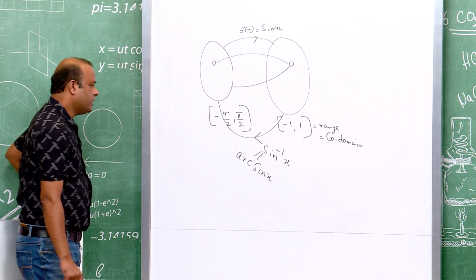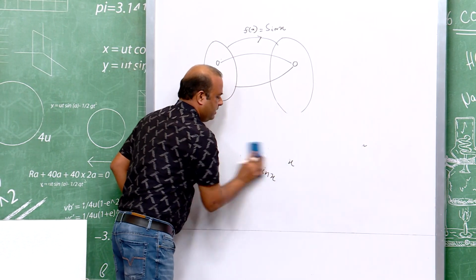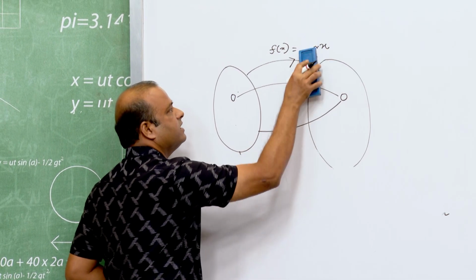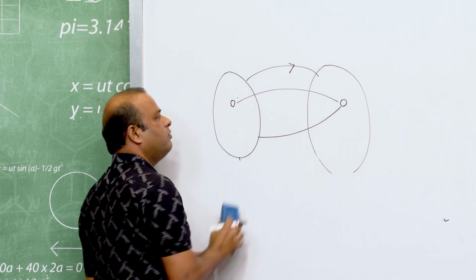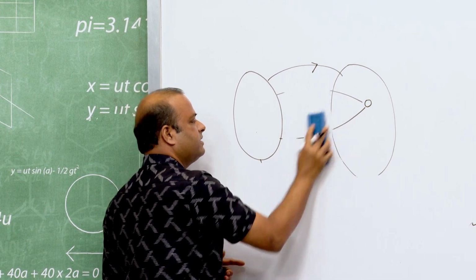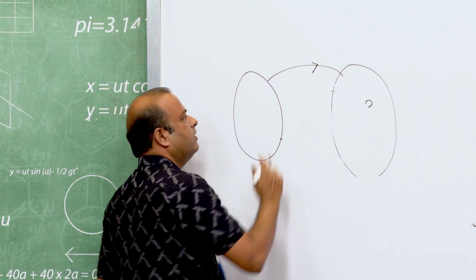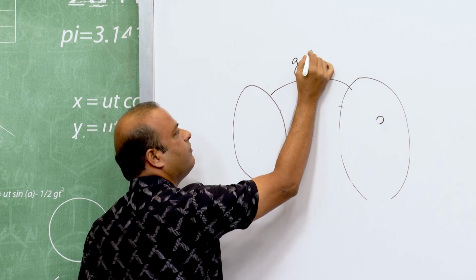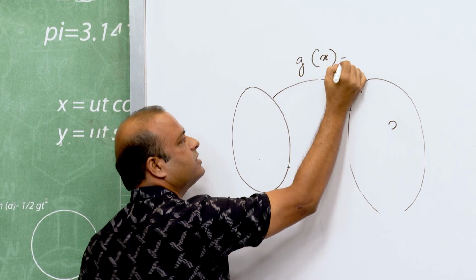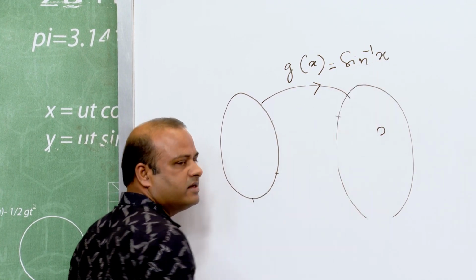So, we consider sin x as f of x, and we take its inverse as f inverse x. We take another function, suppose g of x is sin inverse x.